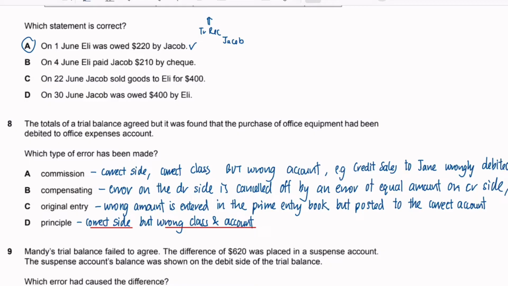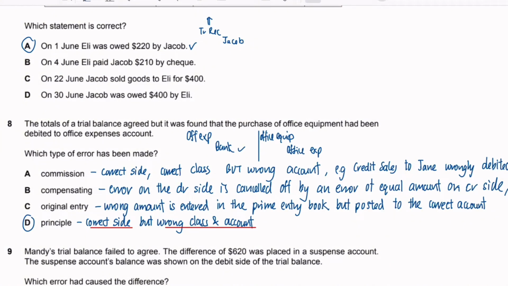Right now the entry is, you purchase office equipment, you debit office expenses. Maybe you credit bank correctly. Well, this is correct, then we don't care. So in order to correct it, you need to credit office expense and debit office equipment. So this one is definitely the error of principle.